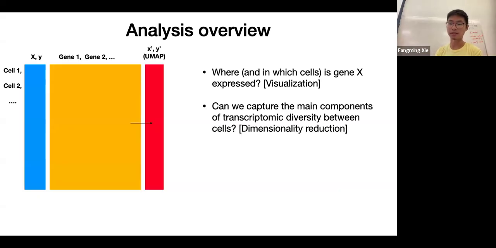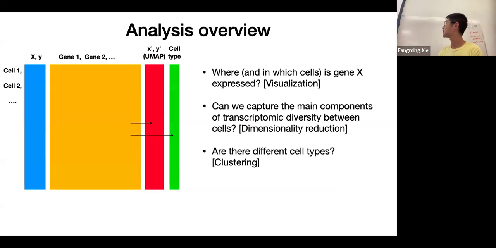We talked about how to plot a gene, how to do dimensionality reduction, and are there different cell types? Can we put a label on cells? We already see from the UMAP space that there are clusters of cells, each separate from each other, suggesting they are different types. Can we apply a clustering algorithm to call them out?